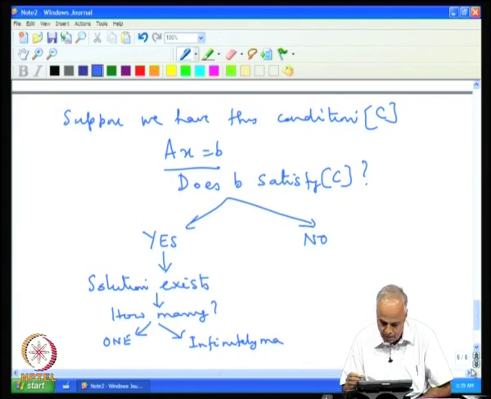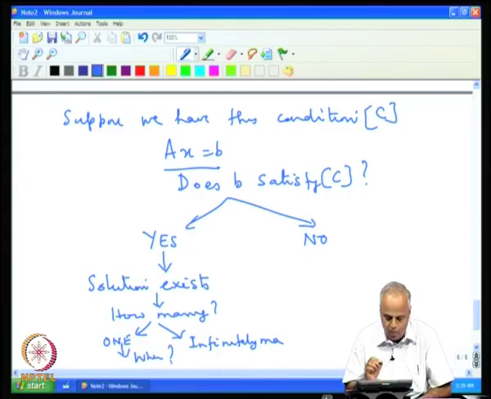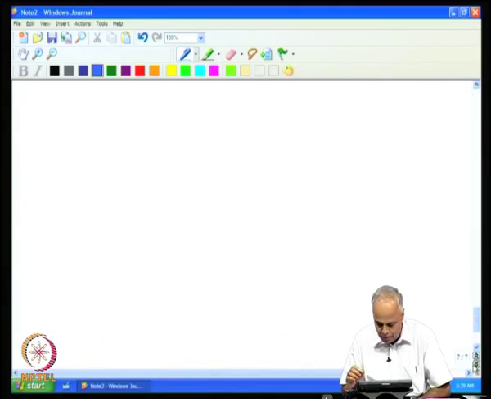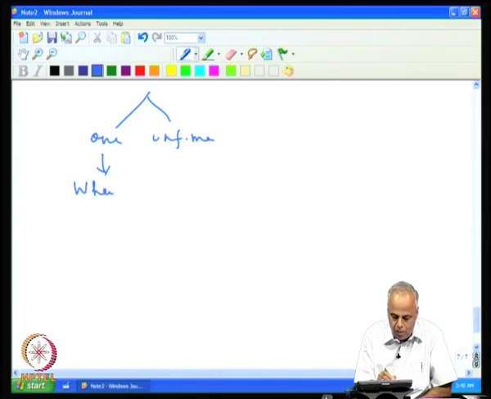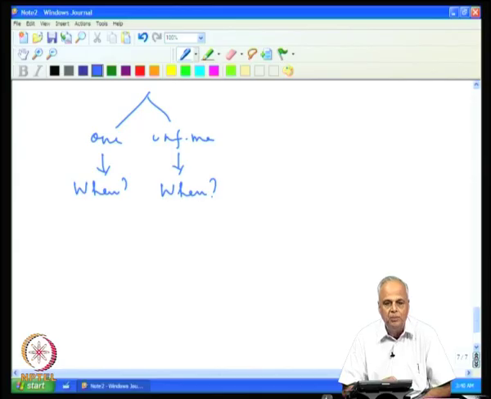So, the question then is, when do we get one solution? Under what conditions do we get one solution? Then we had these answers, one solution, infinitely many, and the question when it is 1, under what conditions we get one solution, under what conditions we get infinitely many solutions.